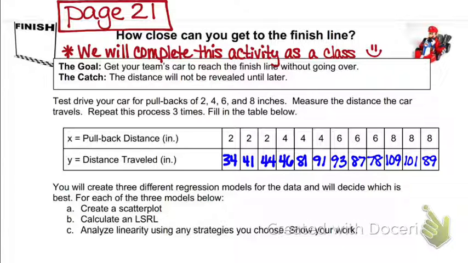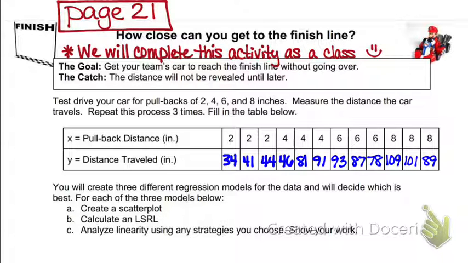Pullback distance. And the values that we had for that, we did 2, 2, 2, 2, and then 4, 4, 4, 6, 6, 6, 8, 8, 8. And that was all of our input for our explanatory variable.